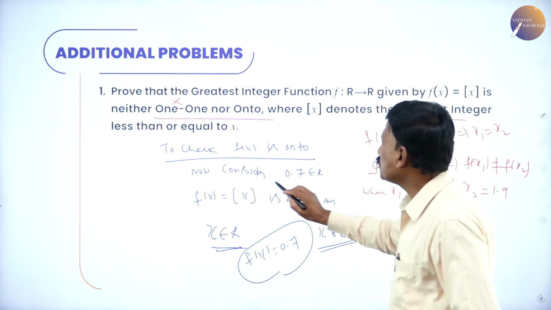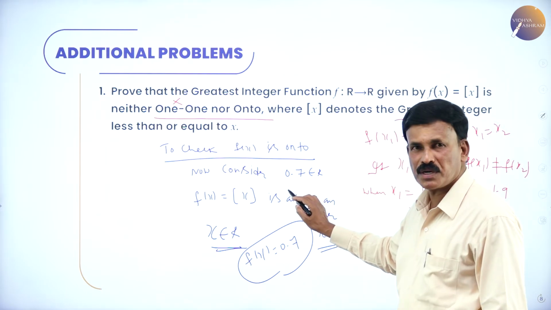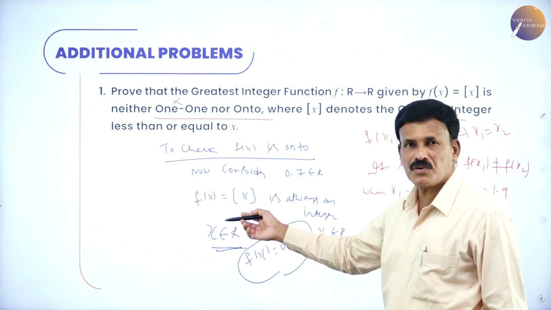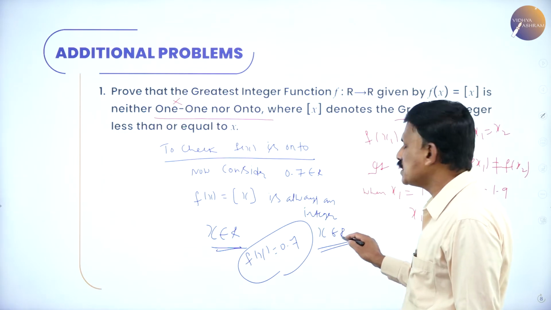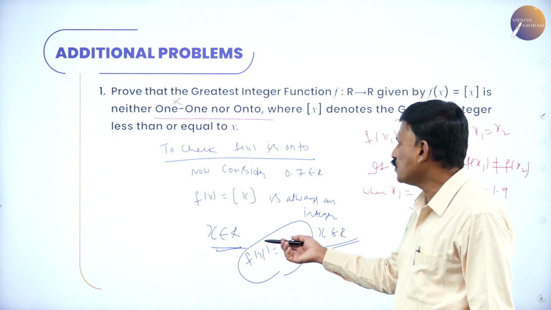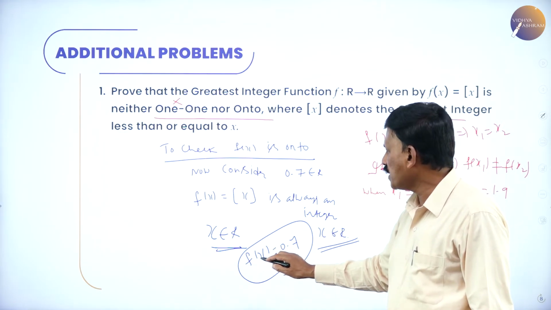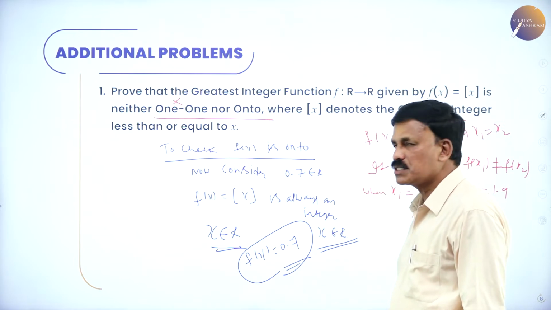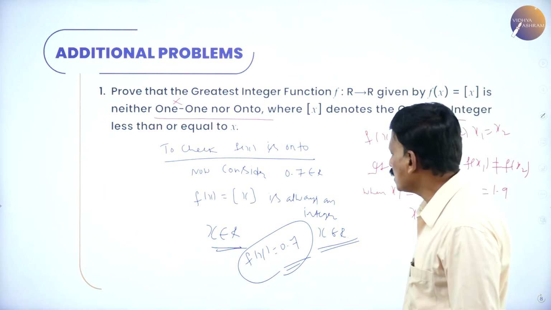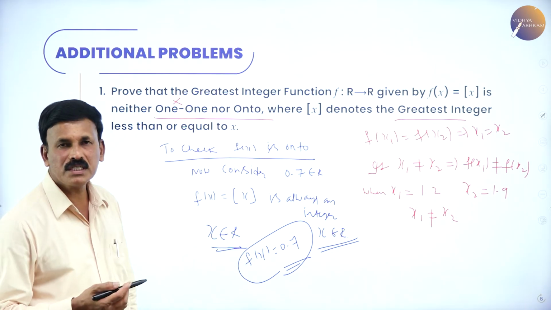Now to check f of x is onto, consider an element 0.7 belongs to R. Since f of x is the greatest integer value of x, it is always an integer. Therefore there does not exist any x in R such that f of x is equal to 0.7, because 0.7 is not an integer.